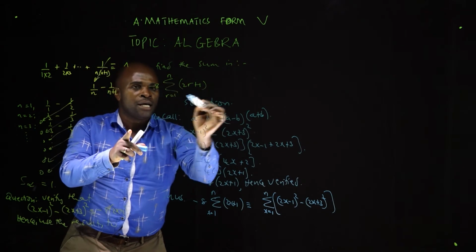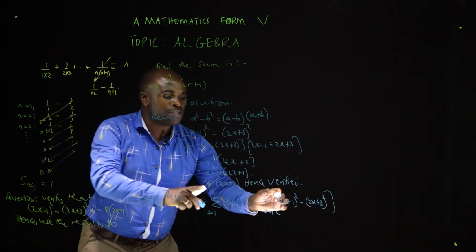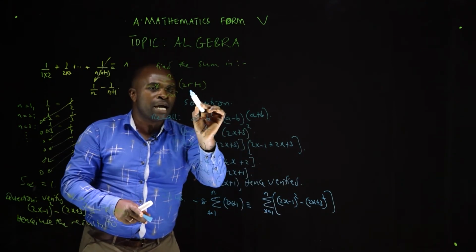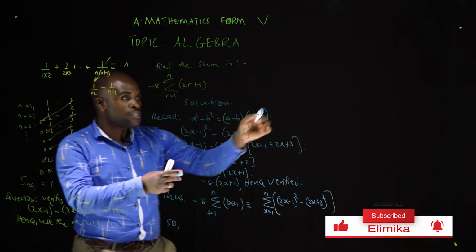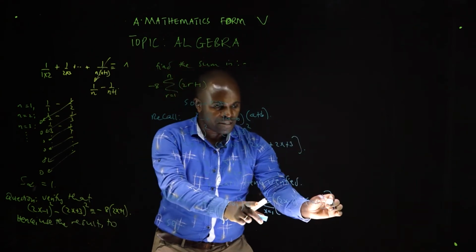Now we are using this part. We will be treating it such that the place value of x is replaced by r. To find the sum, it will be simply like finding the sum here.